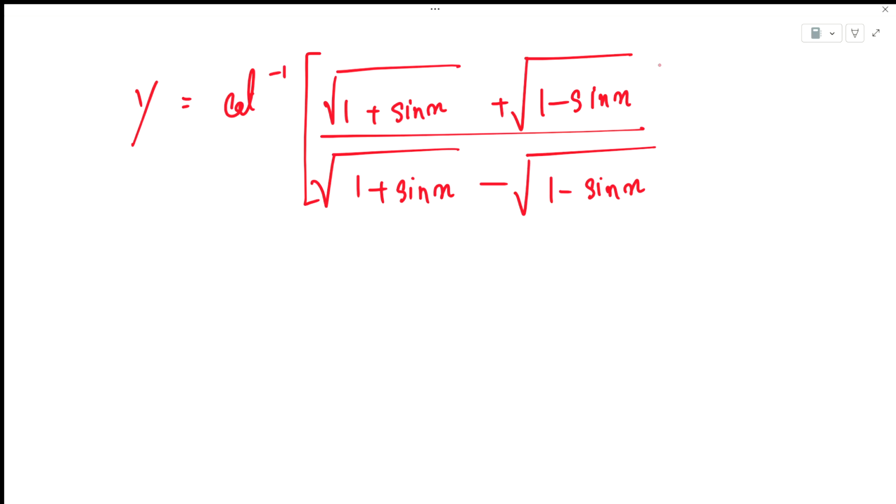And we are supposed to find the value of dy by dx.